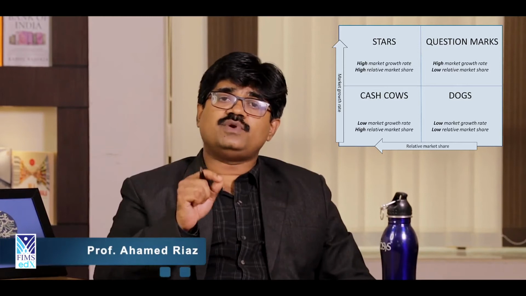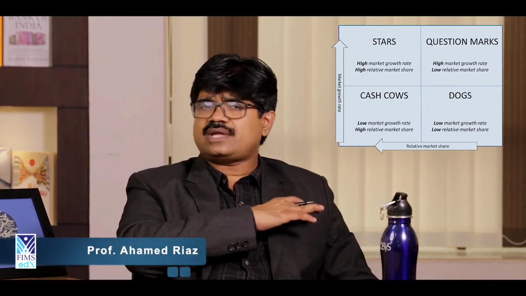Now, what is the next category? The next category is where the relative market share is high, but the market growth is low. The market is not growing, but you have a very good market share. The market does not have any future. It is not growing, but your company has very good market share.